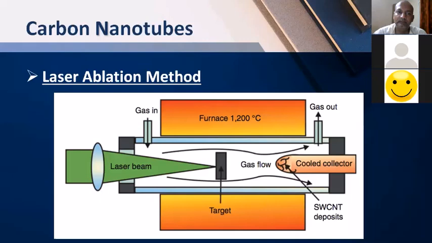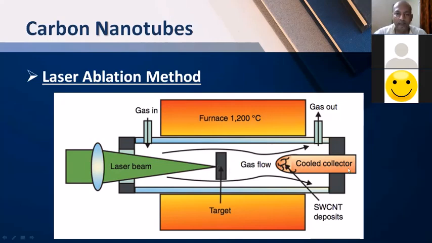Here is the chamber. As we show in this figure, the laser beam is targeted at the graphite target. Here the gas comes in. We use inert gas because if we use another gas, it reacts with the graphite.